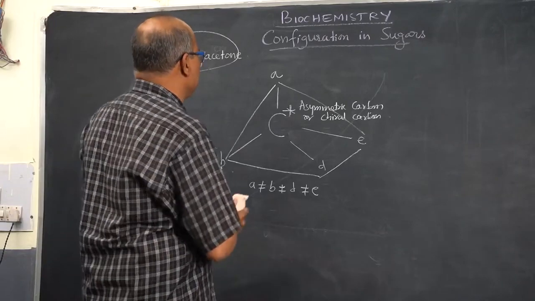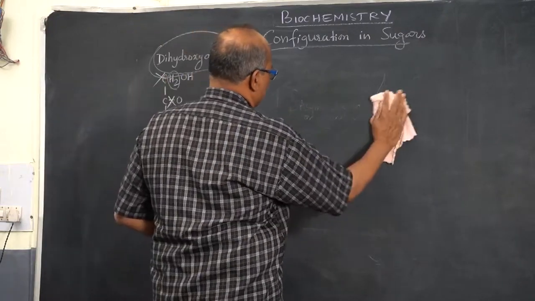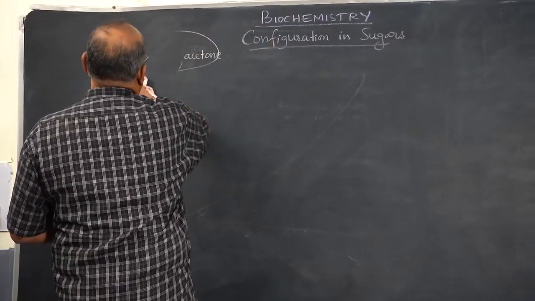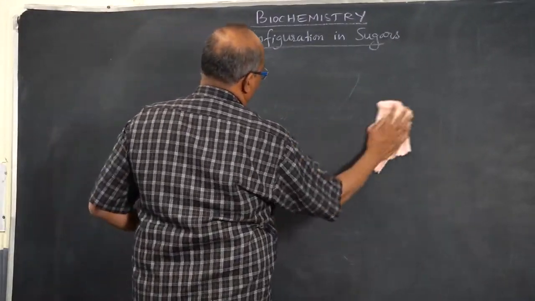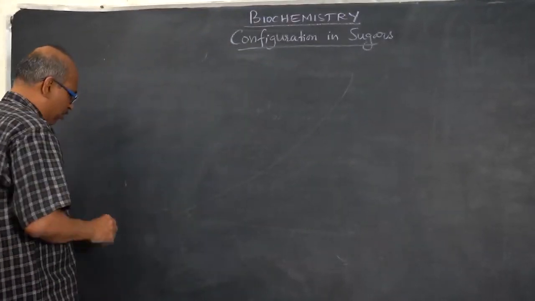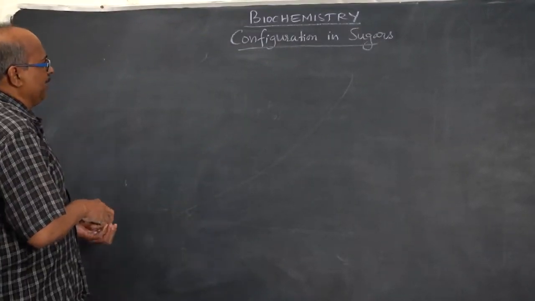If you take the simplest molecule in carbohydrates that has an asymmetric center, then it will be glyceraldehyde.